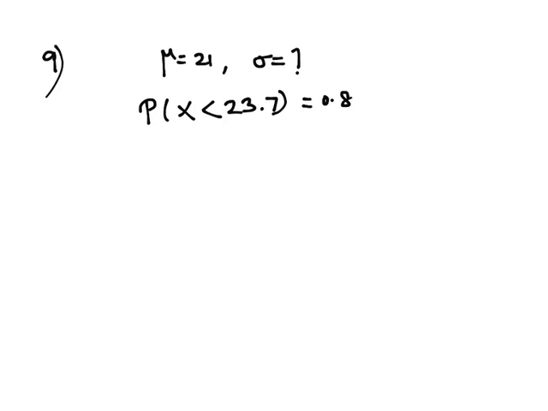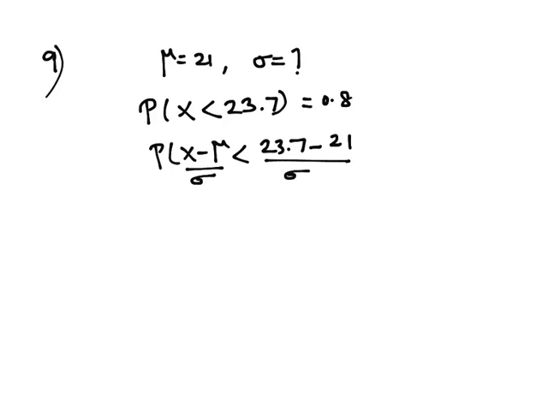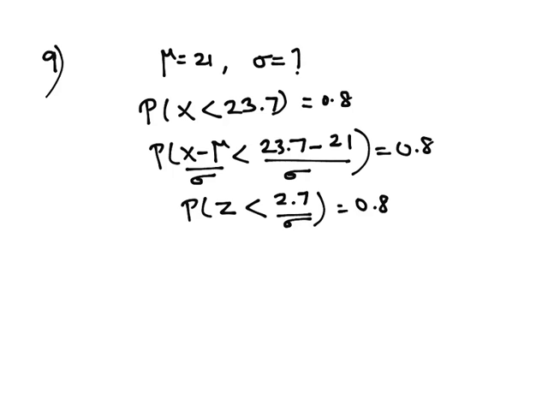So quite easy. You need to convert the x into z. So P of (x minus mu) by sigma is less than (23.7 minus mu, which is 21) by sigma equal to 0.8, which means P of z less than 2.7 by sigma is 0.8. So I can take this as A. P of z less than A is 0.8. Now the area is given, I need to find the value. Use the inverse normal option. Less than A means the tail is left. The area is 0.8.